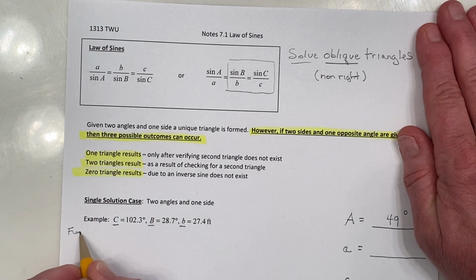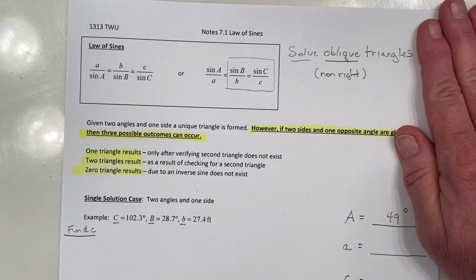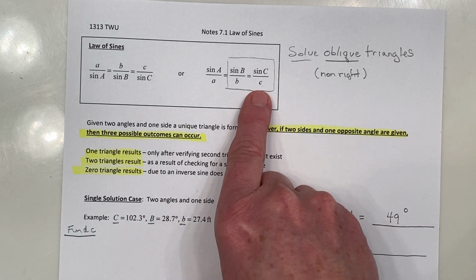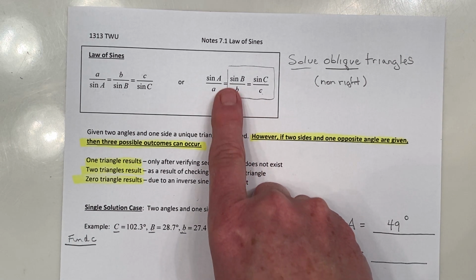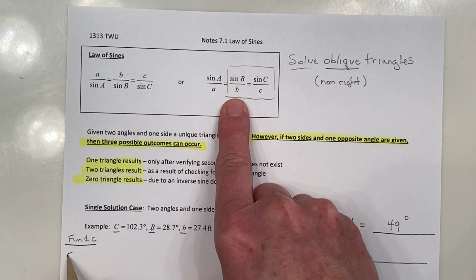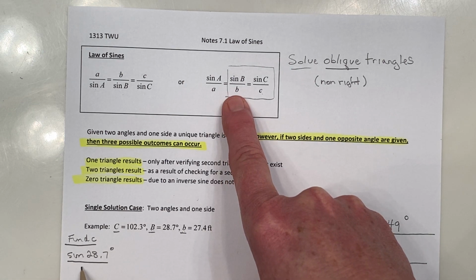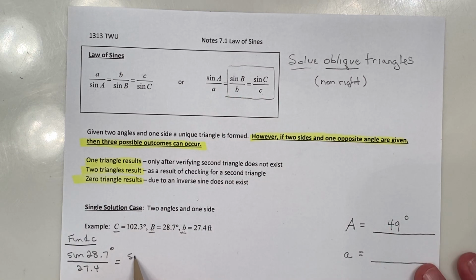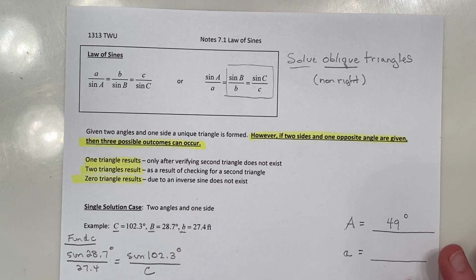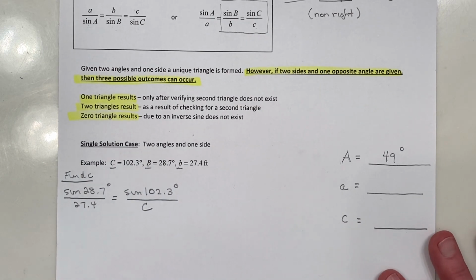So let's put a little note to ourselves. We're finding lowercase c, side c. To find side c, if I'm going to be using this formula right here, I'm going to create a complete fraction. So I'm going to put sine of angle B, 28.7 degrees, over side b, 27.4. That is supposed to be equal to sine of C, which is given, over side c.